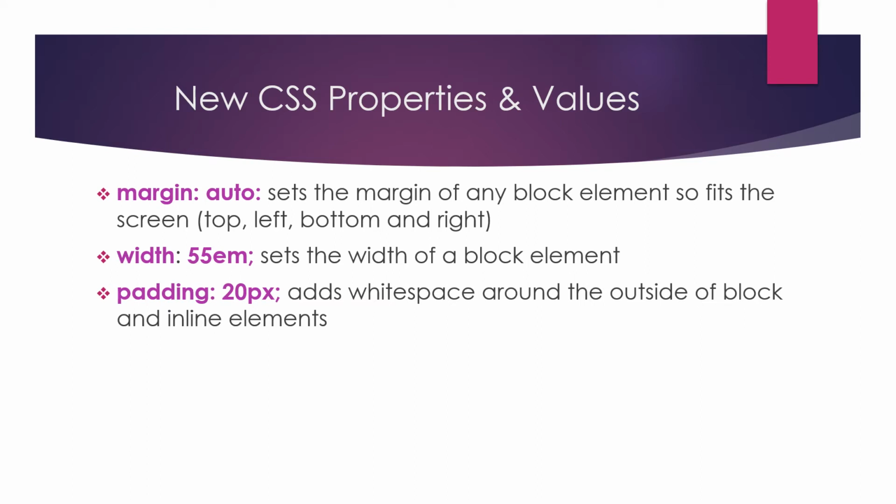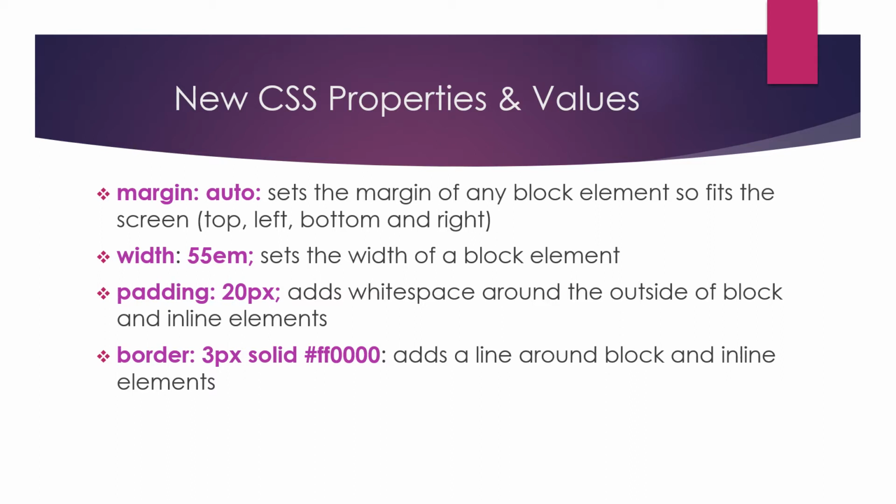Padding adds white space around the outside of block and inline elements. Border adds a line around block and inline elements. If you look at the border, it's border: 3px is the size or the width of your border. Solid means it's a solid border, and then you follow it by a color.